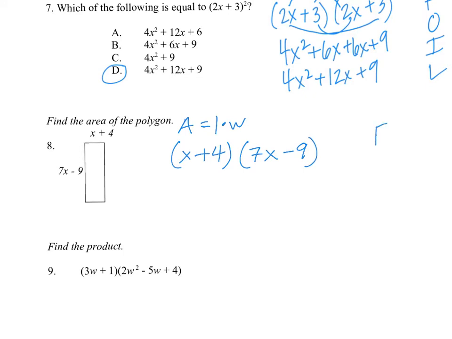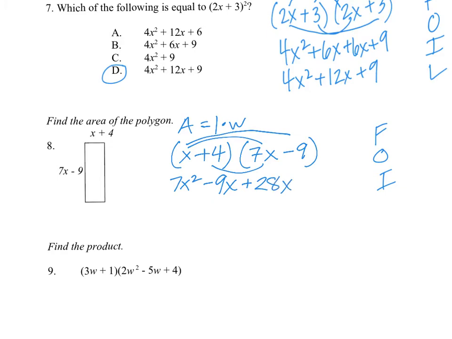Okay, so let's do the first. And so we're going to get 7x squared. Let's do the outer. We'll get 9x. Let's do the inner. And so we're going to get positive 28x.